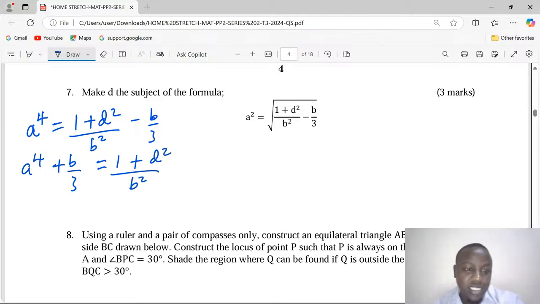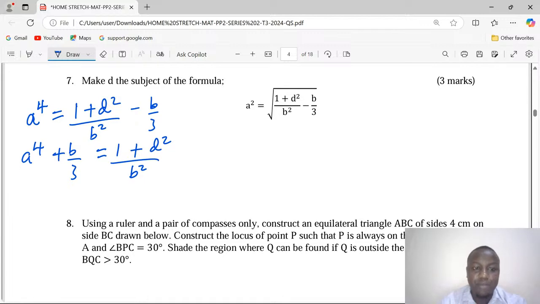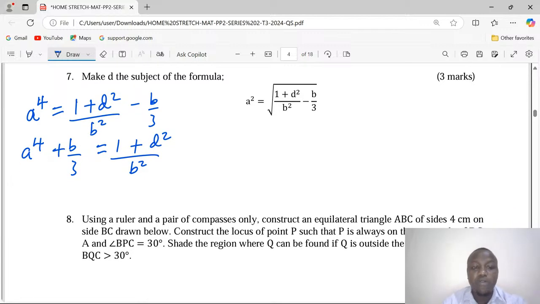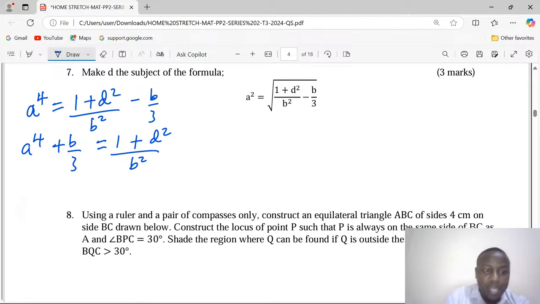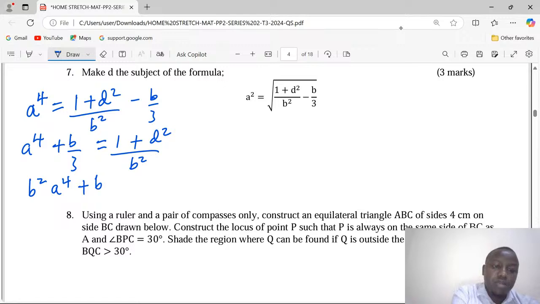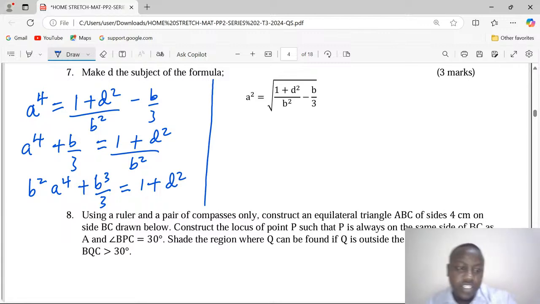Remember, it is d which is being made the subject. So we can multiply through by b squared, so that the first part becomes b squared a power 4 plus b power 3 out of 3. This is equal to 1 plus d squared.